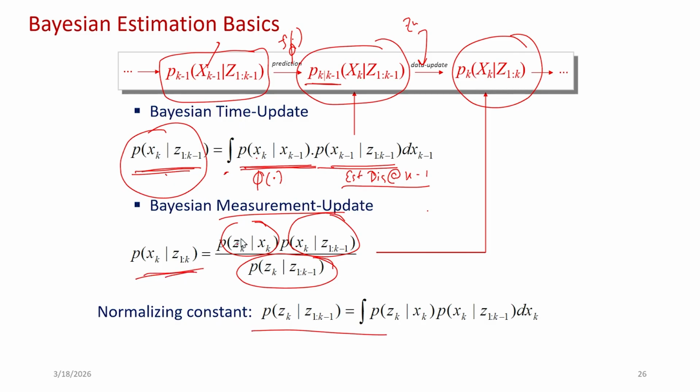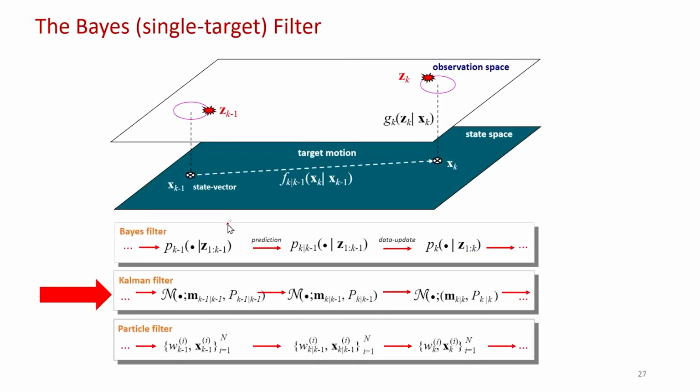So, when I say probability of z given xk, I am incorporating a measurement z here. Okay, you can see this. So, this is your Bayes filter. Particle filter I won't talk about right now because it is a different thing, but if you understand the Bayes filter, then you will be able to understand the concept of particle filter, nothing difficult.